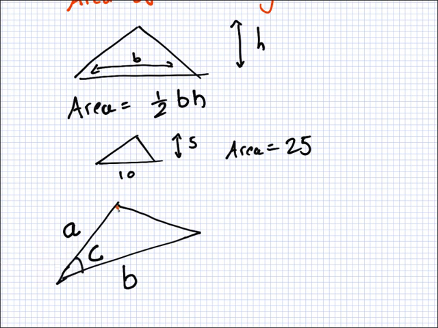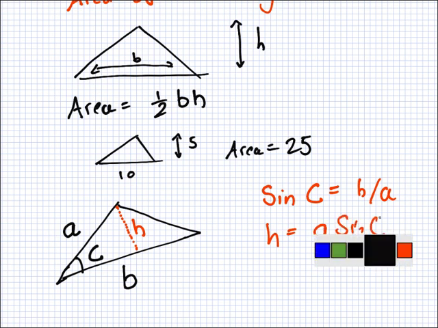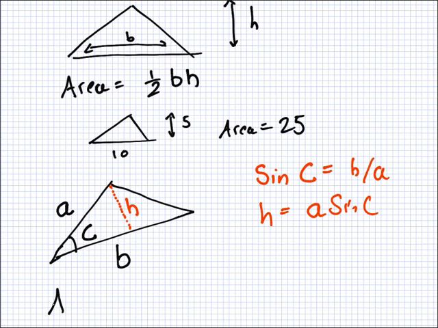What you do is you draw a perpendicular line here and call that H. Well, what does sine C equal? H over A. So H would equal A sine C. Now, according to our baby formula, the area is half the base by the height, and we have a formula for the height.